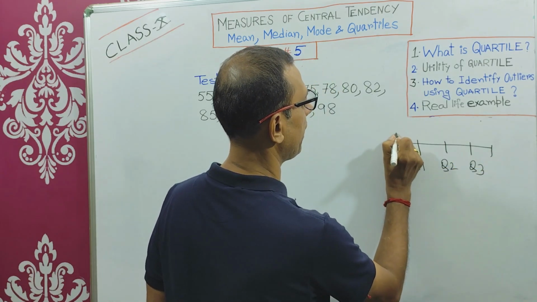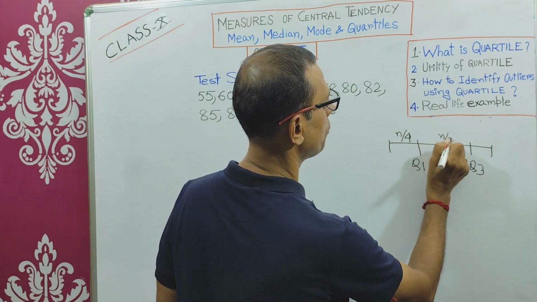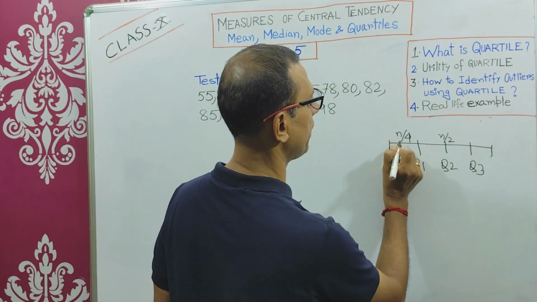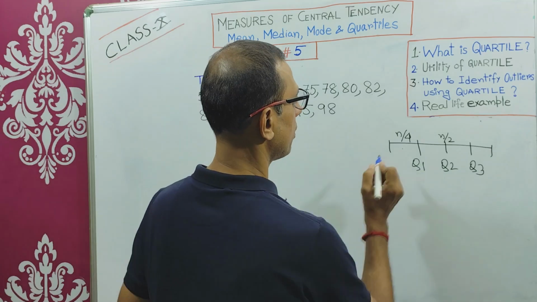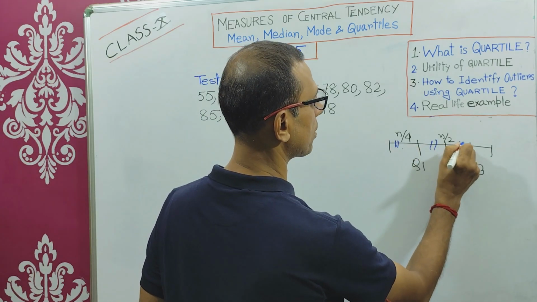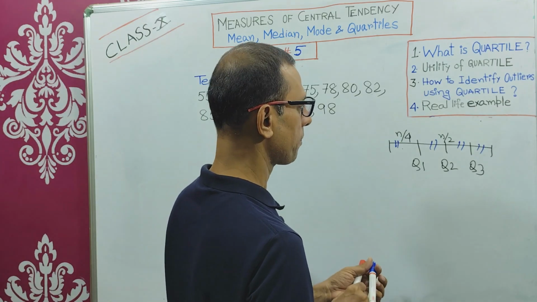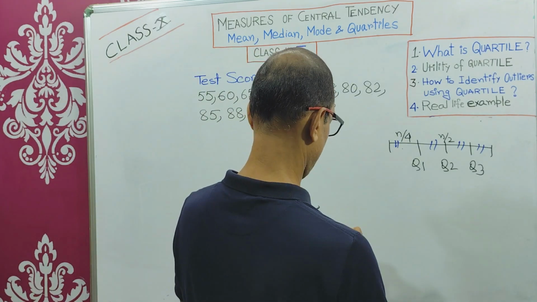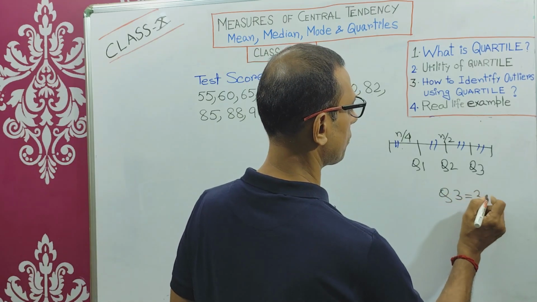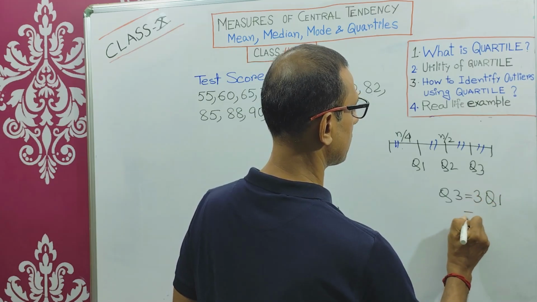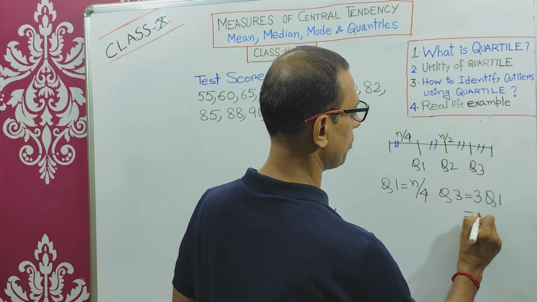Q1 is n by 4, Q2 is n by 2, and because all the portions are equal, Q3 equals 3 times Q1. Because Q1 equals n by 4, Q3 will be 3n by 4.